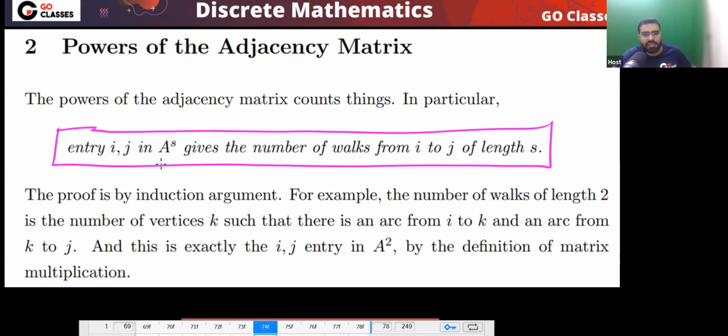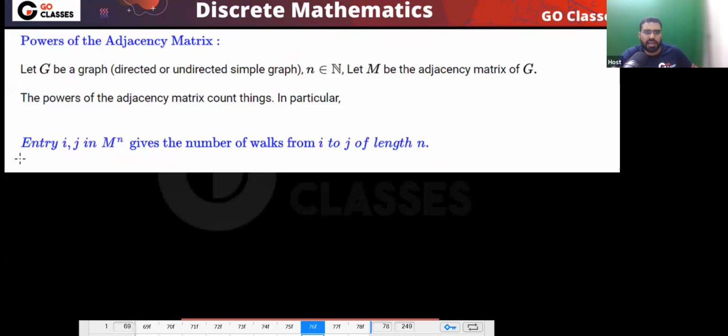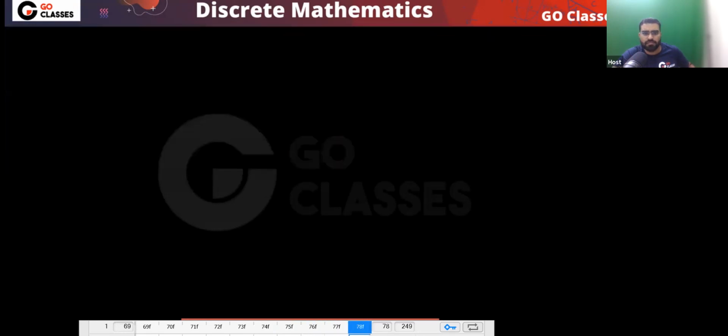A power n will give you walks of length n. A power 1000 will give you the number of walks of length 1000 between every pair of vertices. Okay, clear or not? So the entry in m power n will give you the number of walks of length n. This is the point.